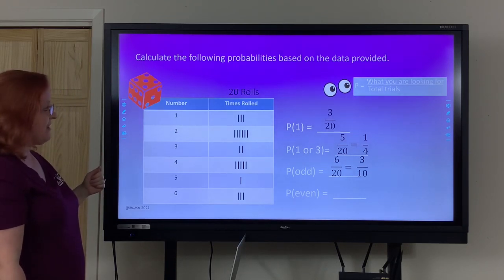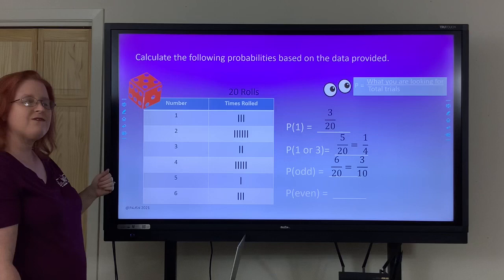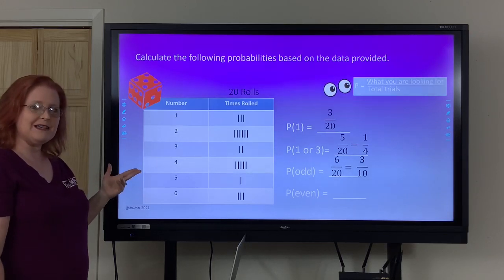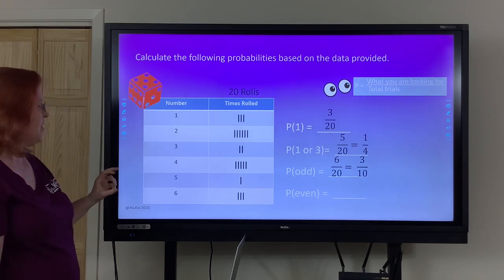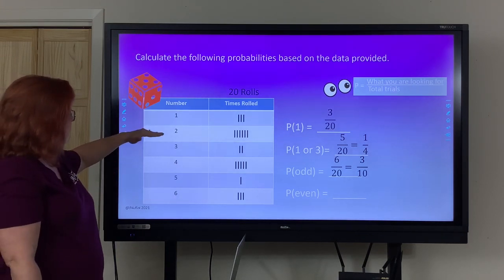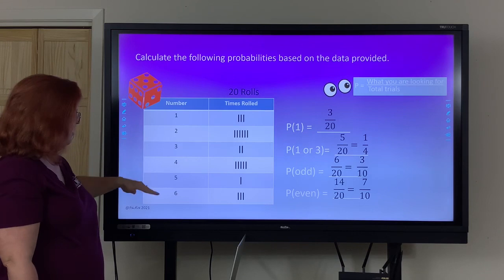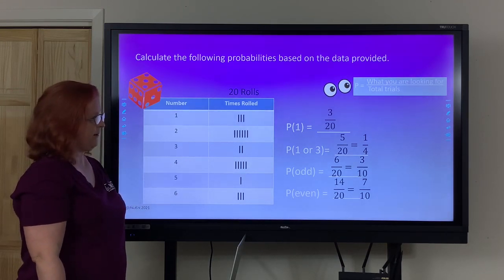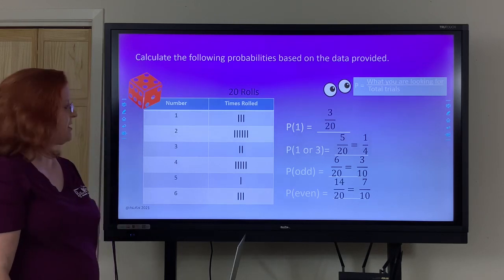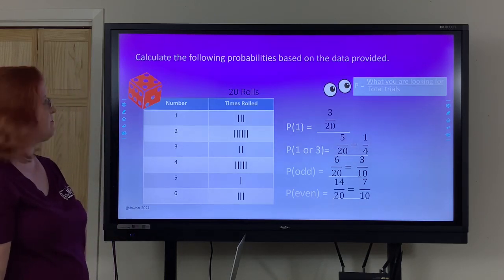All right, and then our evens. Well, if our odds were only 6 and you have 20 times, you can think about what that means. Or you can count them, but you count 2, 4, and 6, and that is 14 out of 20, and that would reduce to be 7 out of 10.